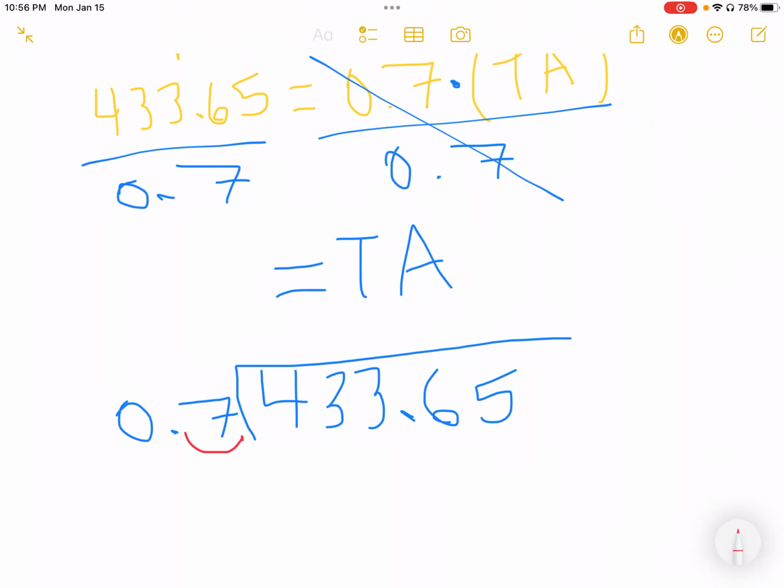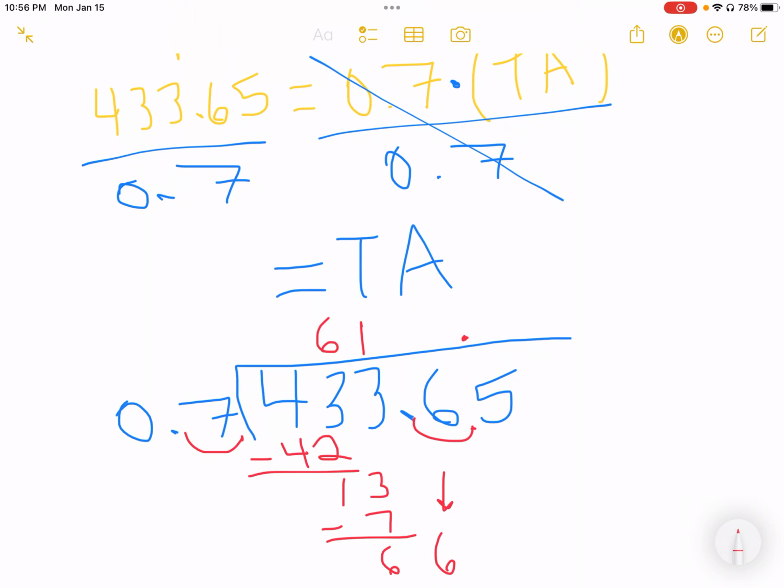So over here, and then I move it over here, because I have to divide by whole numbers. So now I'm dividing by 7, and my decimal place is right there. 7 goes into 43 how many times? Not 7, but 6 times, and that means I have 42, which means I have a remainder of 1. I can bring my 3 down. That is 1 time 7, subtract, I have 6, and I have another 6 to bring down.